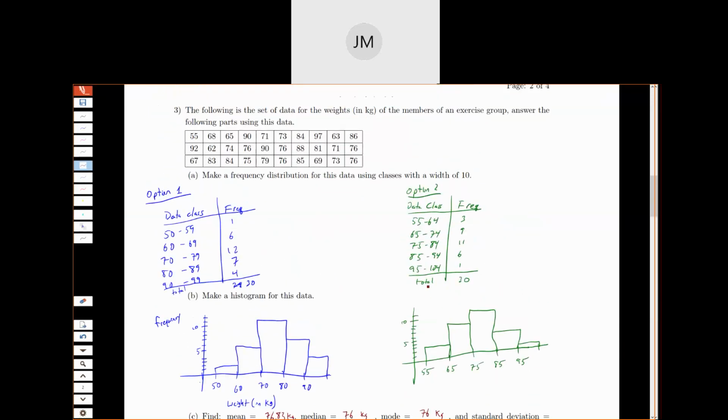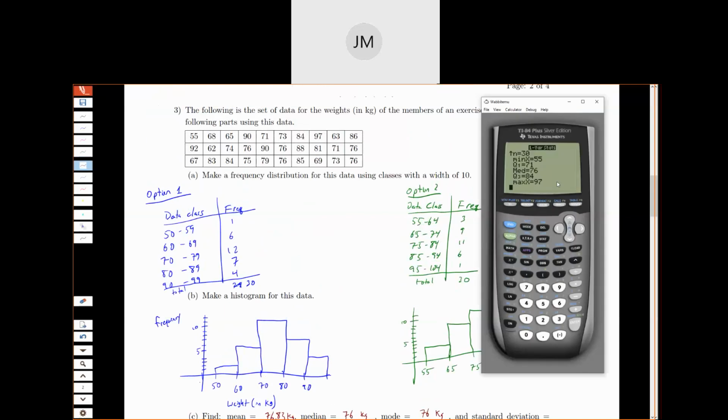Okay. If you wanted to cheat and have your calculator compute the mode for you, since we were messing around with that histogram, I could change my class width to 1, so every single number gets its own bar. So then when I look at the histogram, oh, it didn't like that.